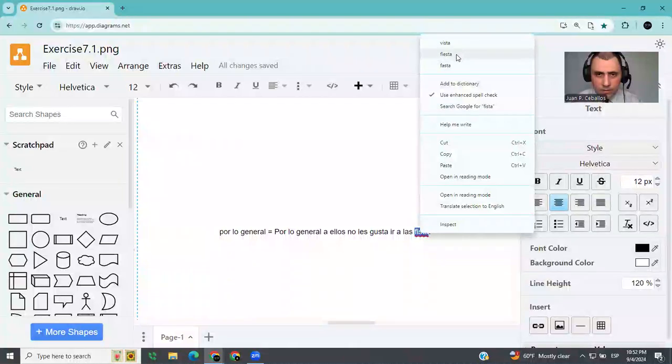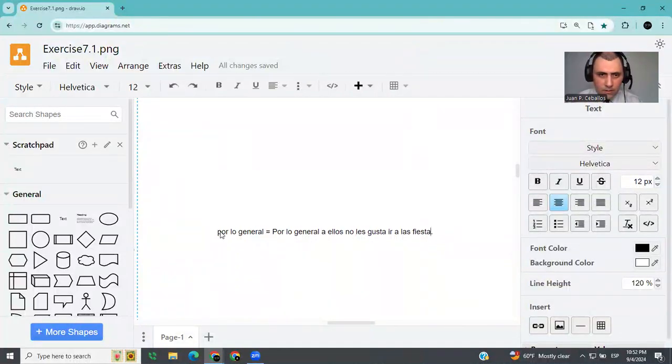This is an expression that the preposition por uses. So in general, they don't like to go to parties. Por lo general, or usually, they don't like to go to parties. That's a good expression that is very common.